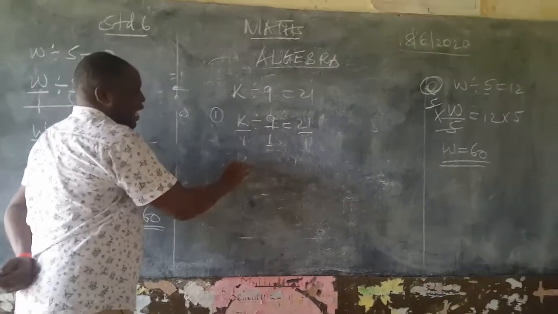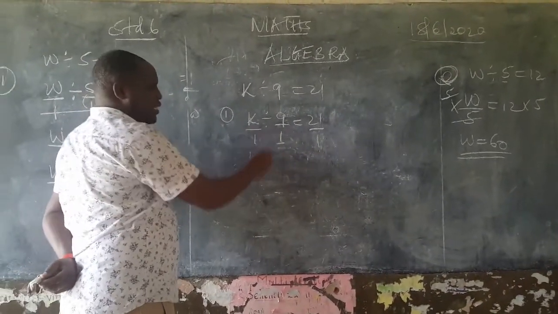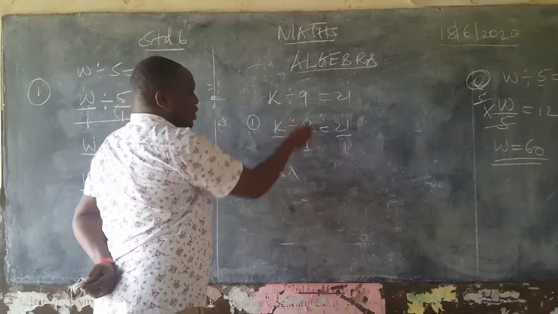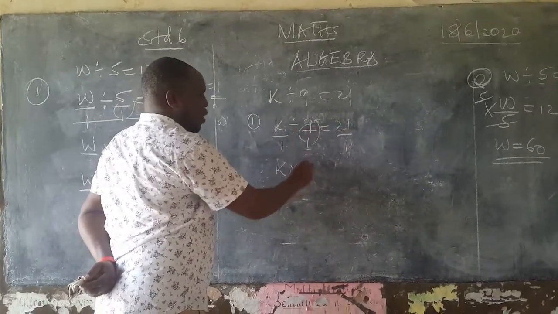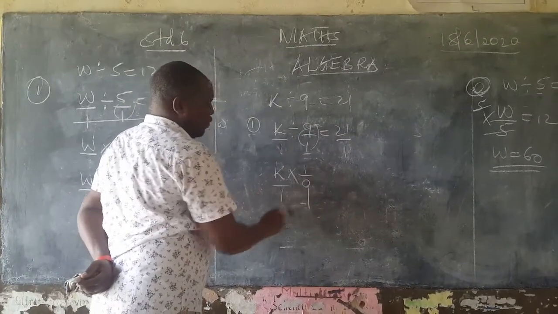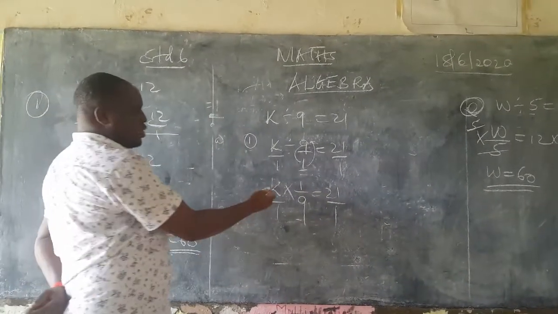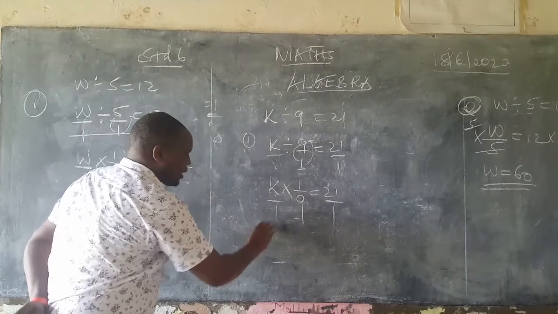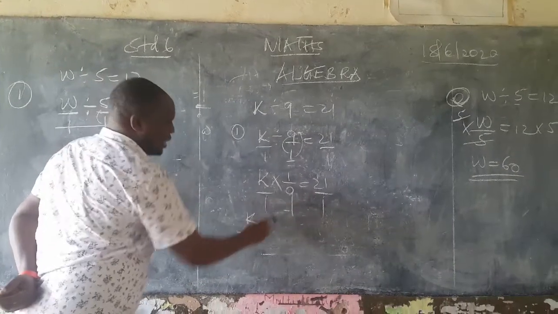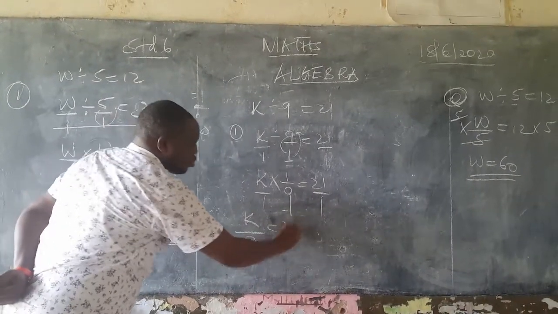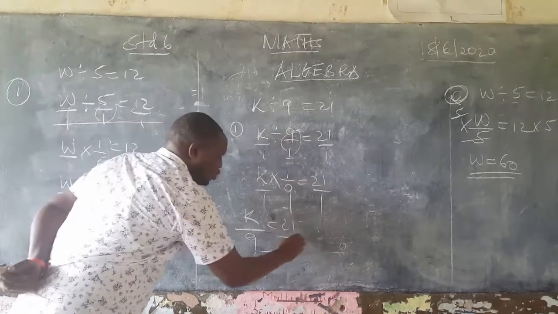So this is going to be K, and this sign will change to multiply by. This is going to go up, this is going to come down. 1 over 9, this over 1, is equal to 21 over 1. Therefore, this is going to be K times 1 is K over 1 times 9 is 9, is equal to 21 over 1.